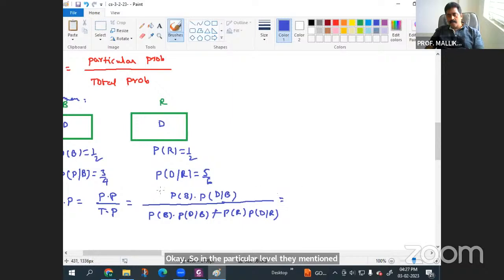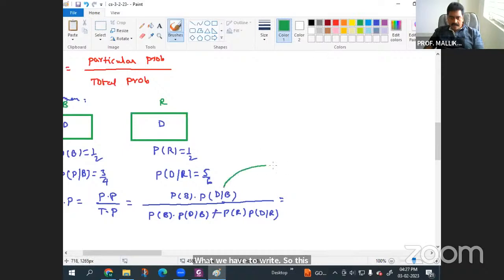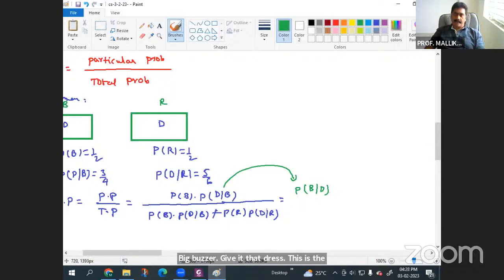Then the required probability, what do we have to write? This part, whatever we got, we will write in reverse: probability of Big Bazaar given that dress. This is the required probability. That is your answer. We know both the things and we have calculated. Substitute the values, we get the answer.